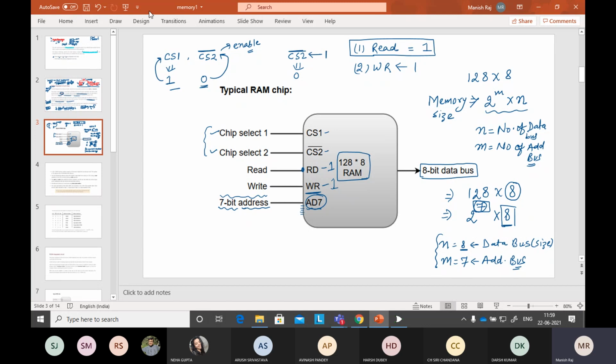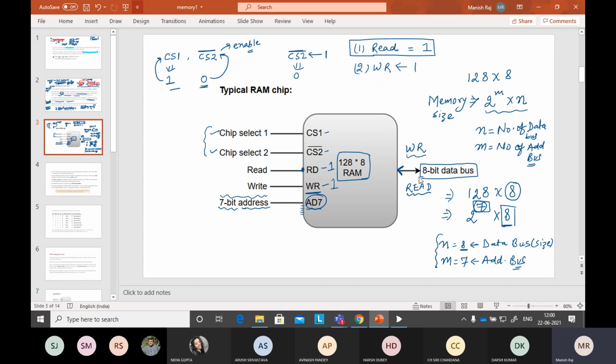One thing you can do is make this bidirectional. Why am I making it bidirectional? Because you can do both operations here: the write operation and also the read operation. Either you put some value or program in the memory chip, or you take it out.